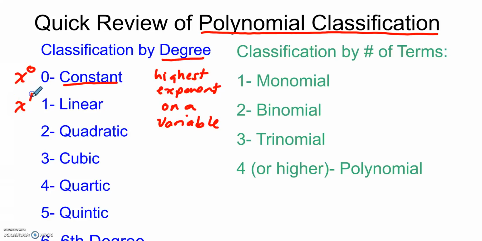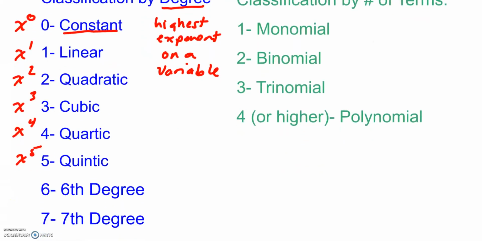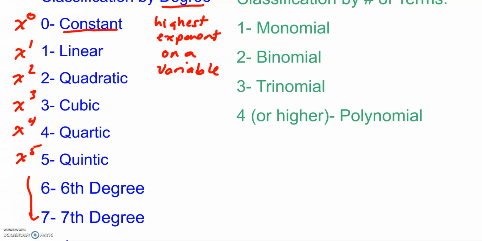If you see x to the 1st, it's linear. X to the 2nd is quadratic. X to the 3rd is cubic. X to the 4th is quartic. X to the 5th is quintic. And then after this, mathematicians got lazy, and x to the 6th and x to the 7th and all the way up would be a 6th degree, 7th degree, and so on.